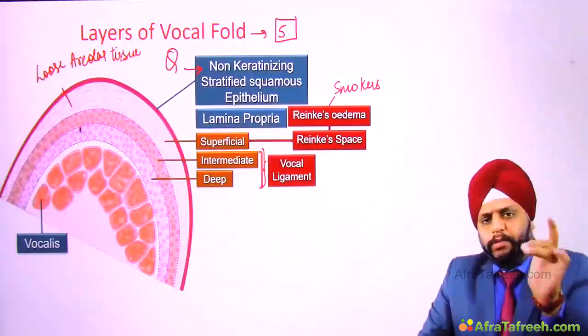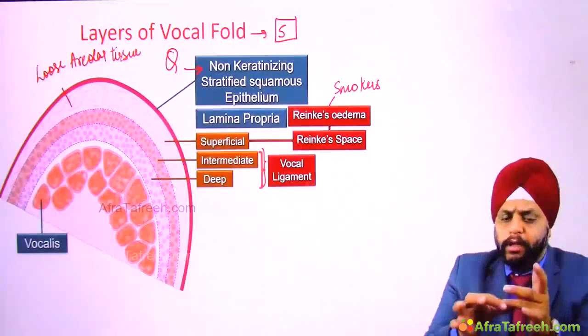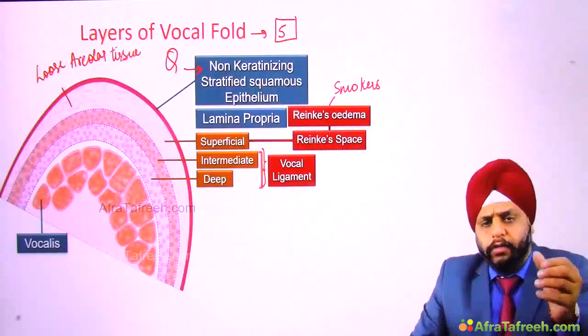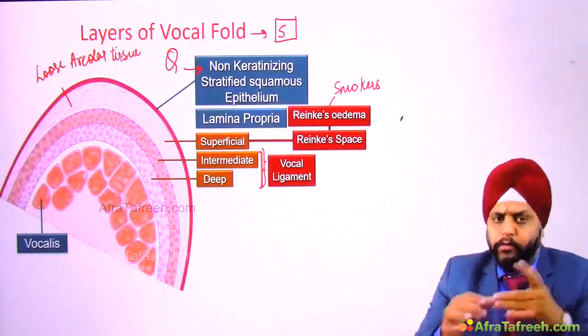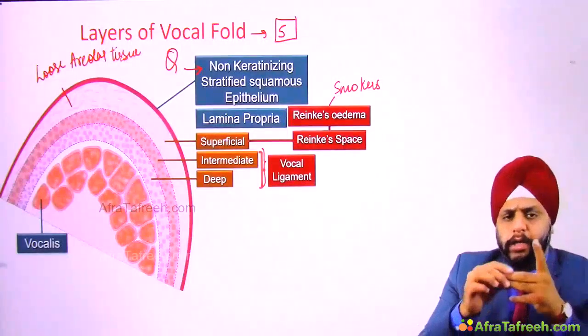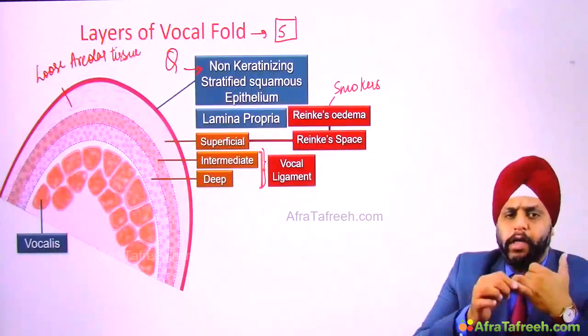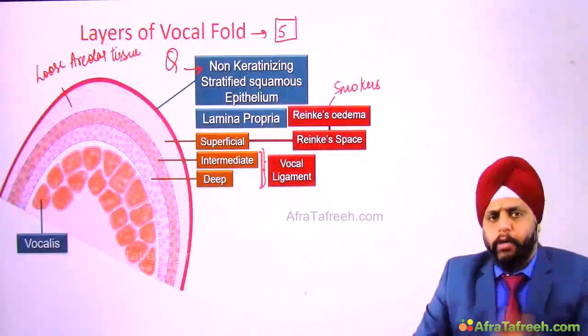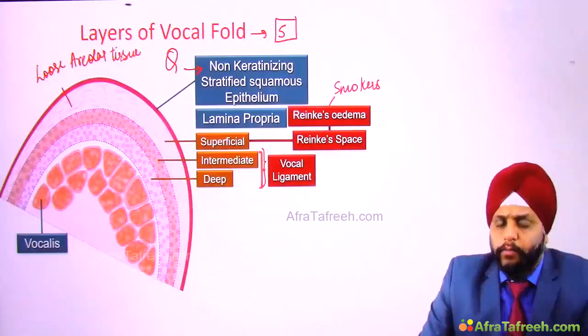The maximum strength is given by the middle finger and the ring finger. These 2 fingers give you strength to grip something. In the same way, the intermediate layer and the deep layer form the vocal ligament. And finally, we have the vocalis muscle. So with the hand model, these are the 5 layers of the vocal fold.